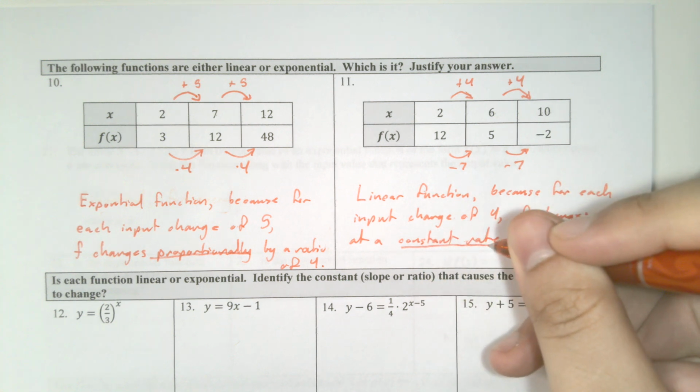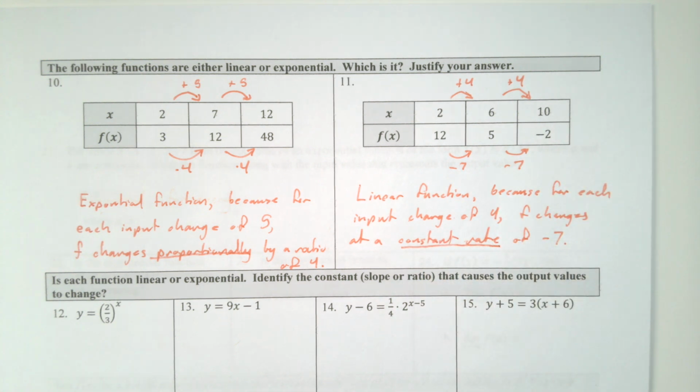So this constant rate part is the key word for this being a linear function. So when you're asked to justify whether a function is linear or exponential, this is the wording the College Board is going to be using, or that they're going to be looking for.